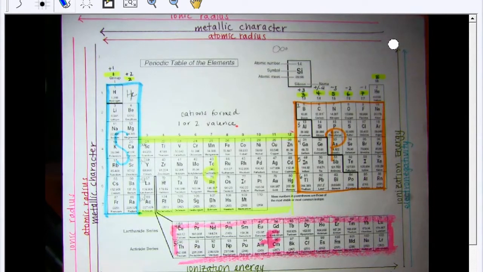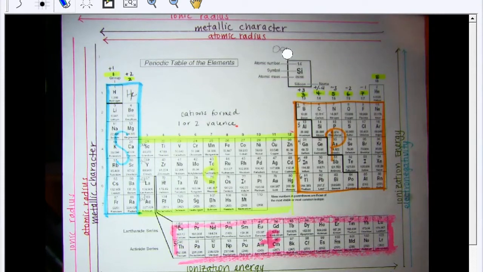As you go from right to left, you become larger. Okay, your smallest thing on the periodic table is helium. Your largest is francium. You go from right to left, you become larger. Again, it's like that snowman. You knock that snowman over and it lays down like this.